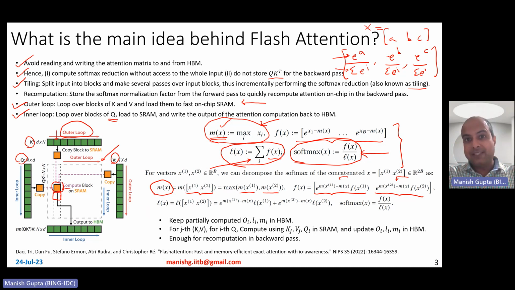The sum of local sums is the global sum, as simple as that. And that is how I can compute the global L using a combination of local Ls. And then that can be used to compute the softmax. The nice point is that in typical data warehousing terminology, M and L are both distributive in nature, and therefore the overall softmax operation is algebraic in nature.